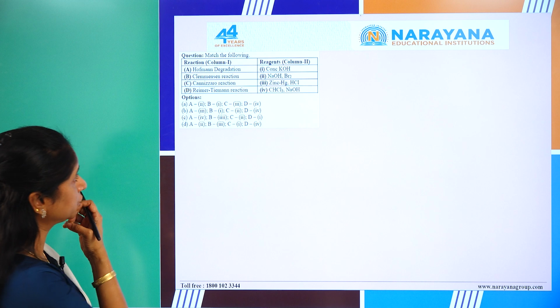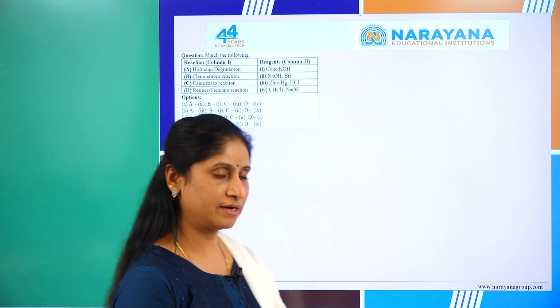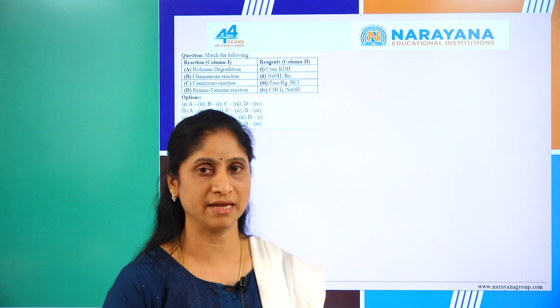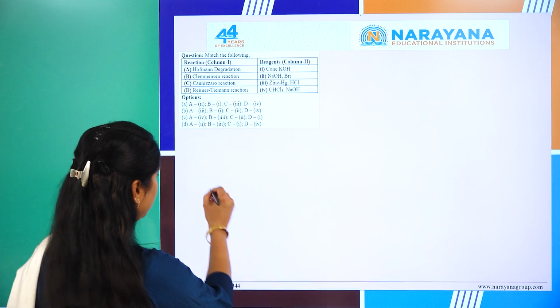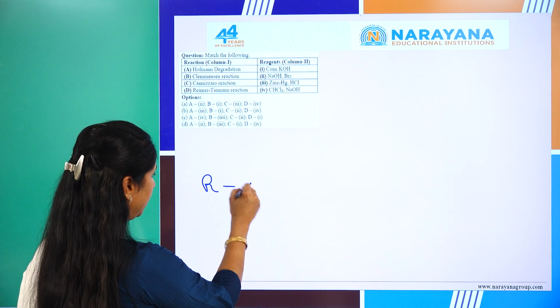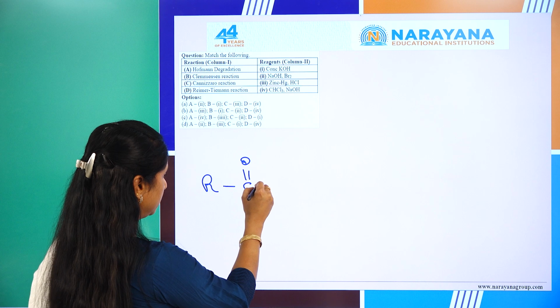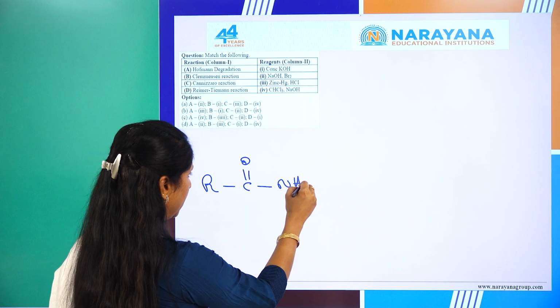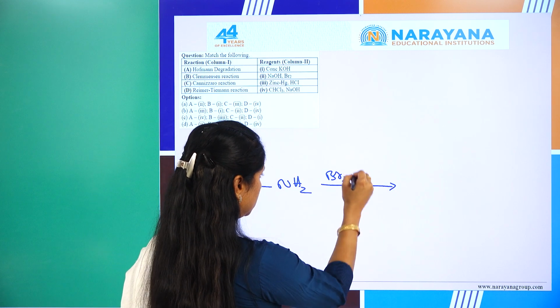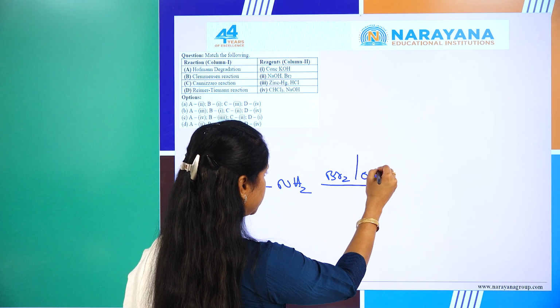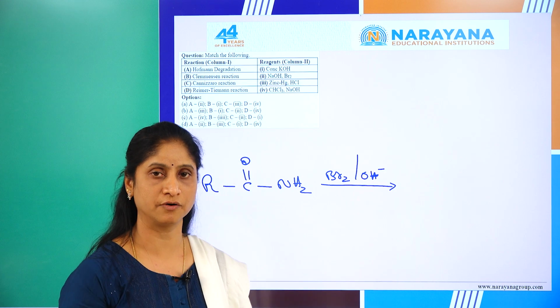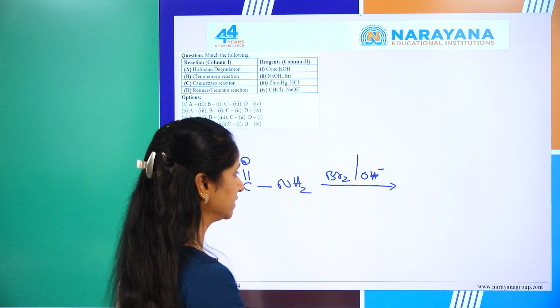Observe Hofmann degradation. If you remember, Hofmann degradation is, as a general representation, a simple amide in presence of bromine under alkaline conditions, used for the preparation of primary amines.